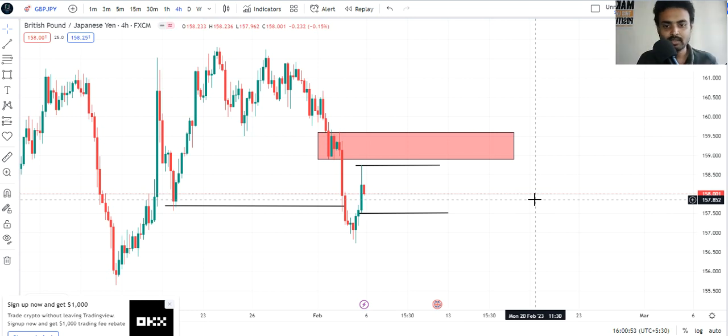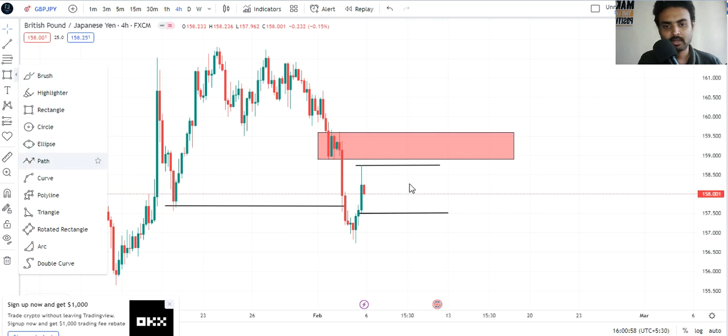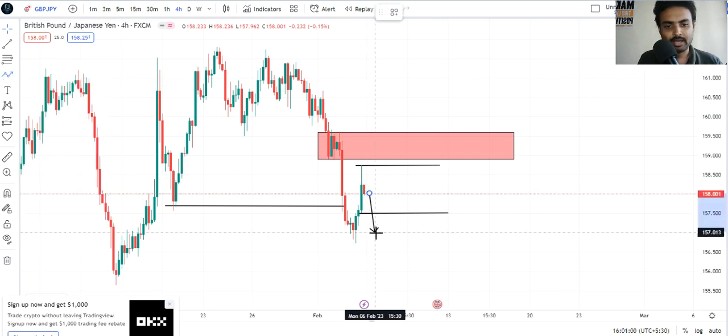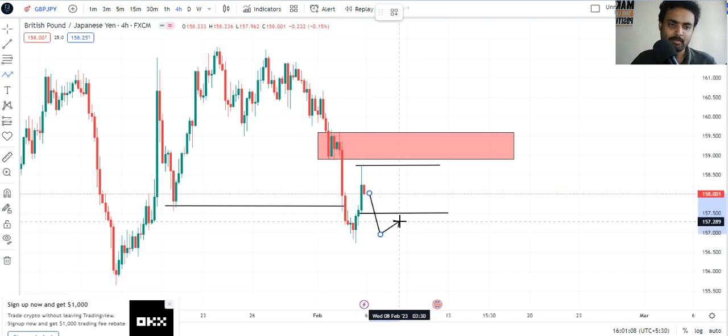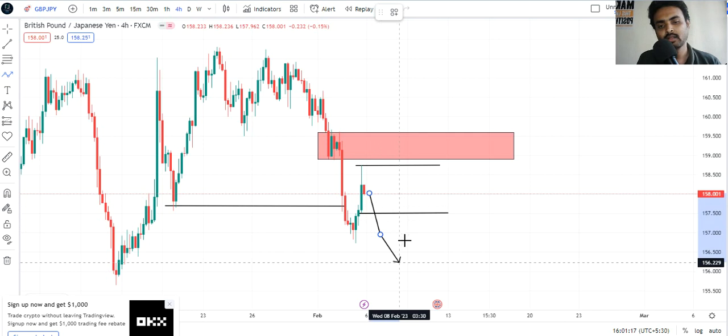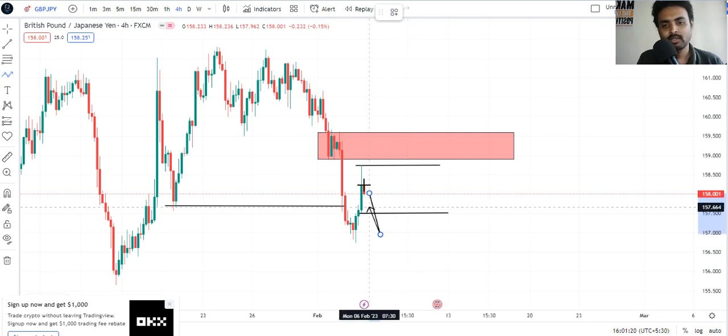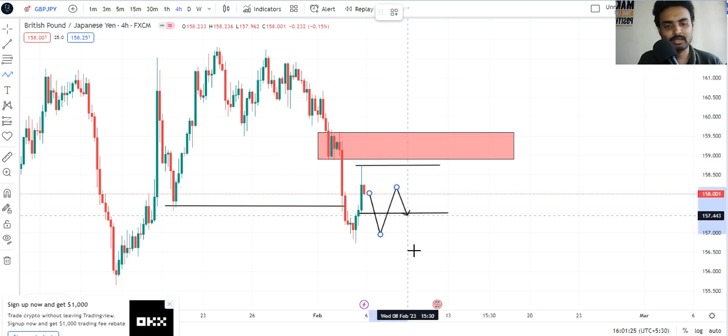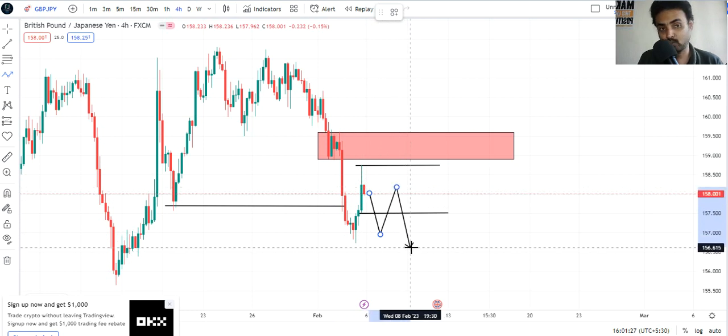In that particular time, if you witness a break here, from opening till maybe morning, any point of time tomorrow, if you witness this break, you will have some order block here. From there you can look for selling the market. That's what I will do.